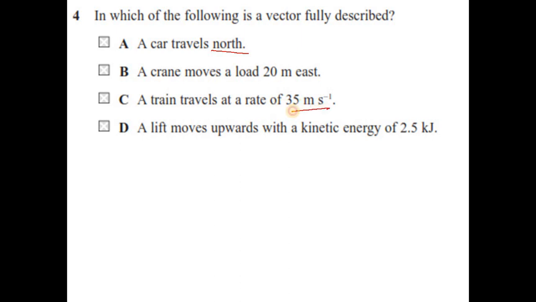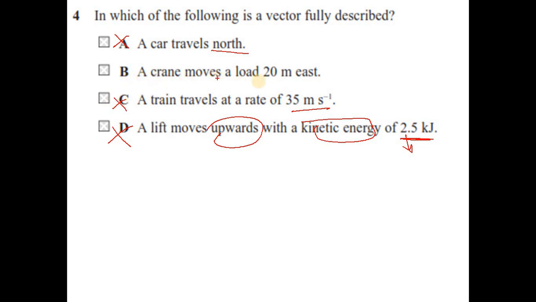Again, magnitude given, no direction. A lift moves upward with a kinetic energy of 2.5. So direction is given, but in fact they are talking about kinetic energy, and energy is not a vector, so it's a scalar quantity. So you ignore option D, option A, option C is gone.